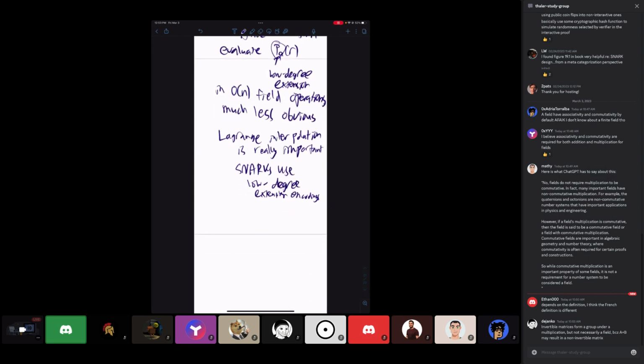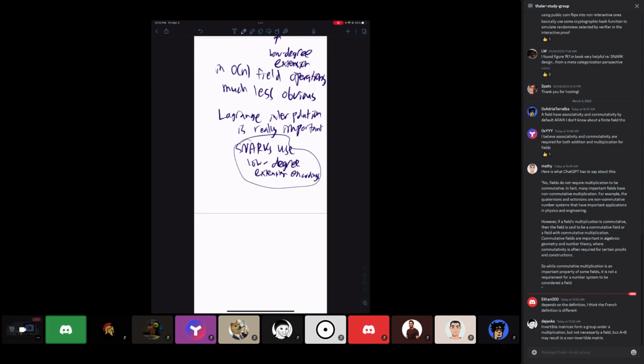Okay, let me see if I can give a sense of why SNARKs like to use low degree extension encodings. I'm going to describe how a SNARK works for a completely trivial claim. Let's say there is a public input with just two field elements.